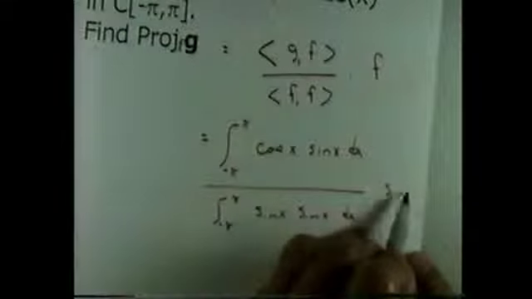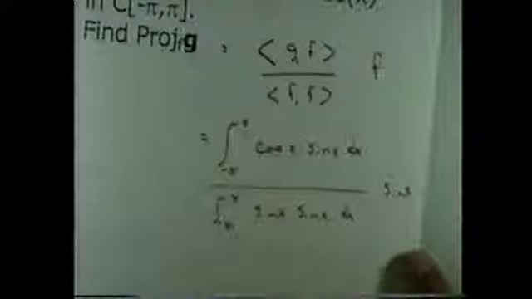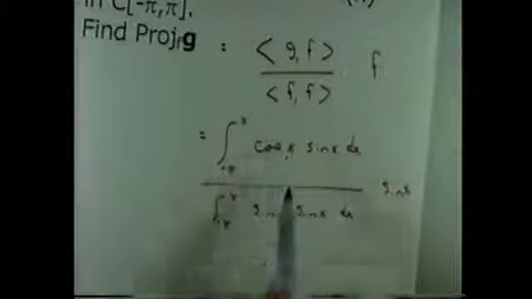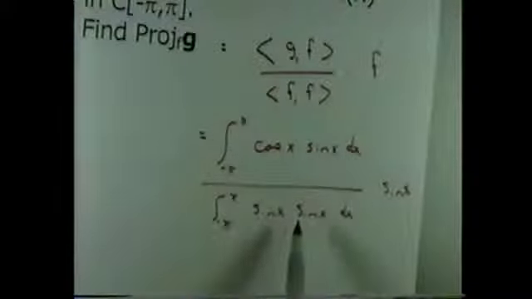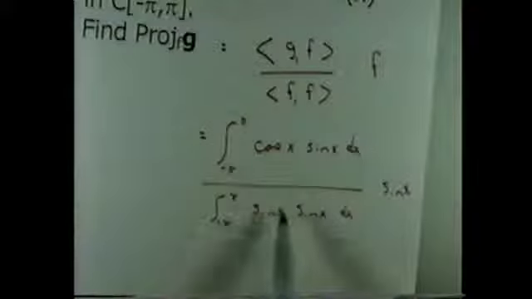This would be sine x. So this is a scalar. Scalar divided by scalar is a scalar, as long as the denominator is not 0. And times the sine x would be the projection.